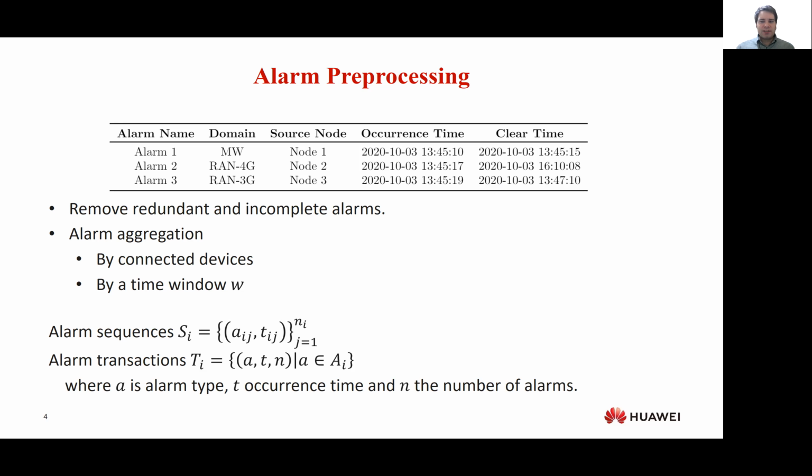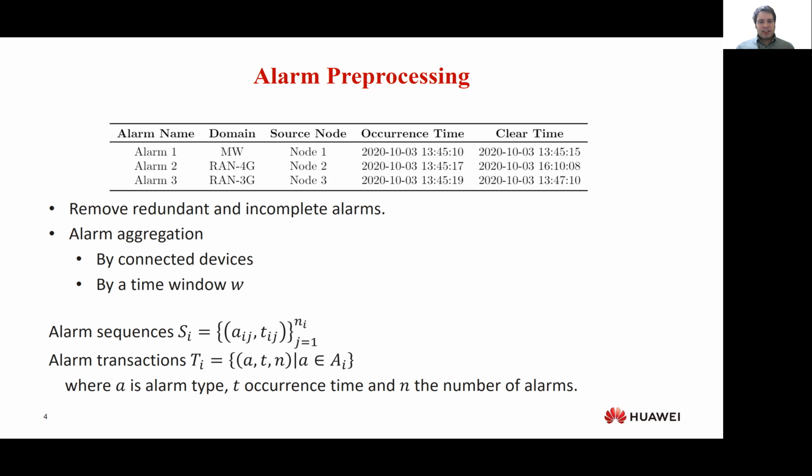Alarms related to the same failure will generally occur together within a short time interval. So we further aggregate alarms by a time window W. The window size can be adjusted depending on the network characteristics, and on our data, we set this to 5 minutes.